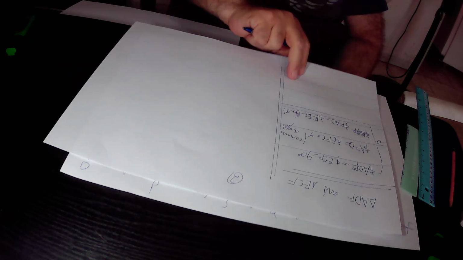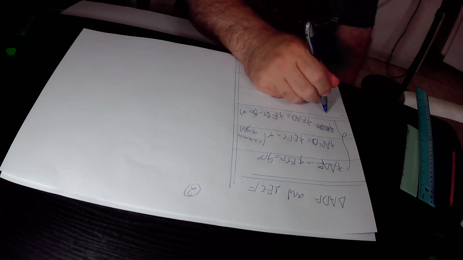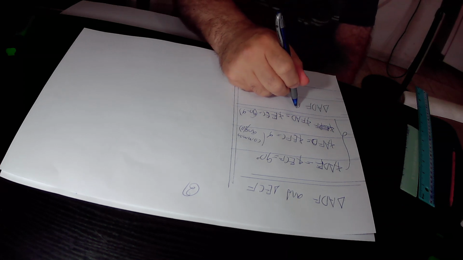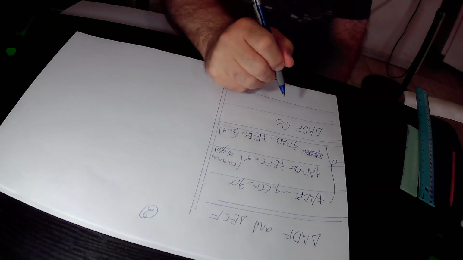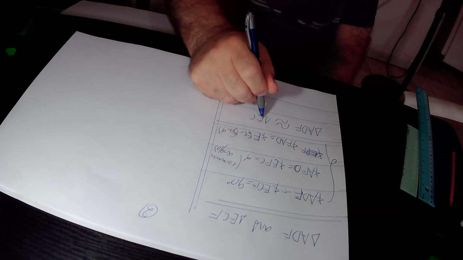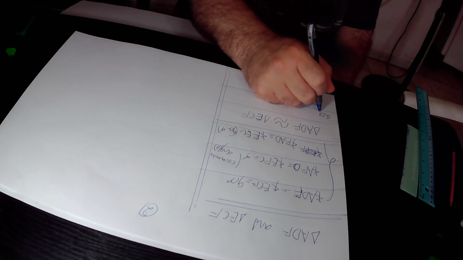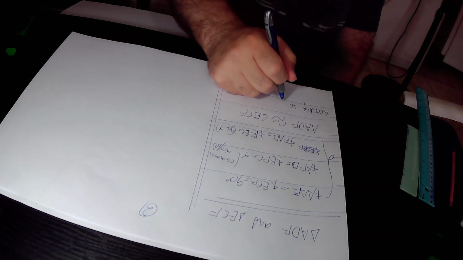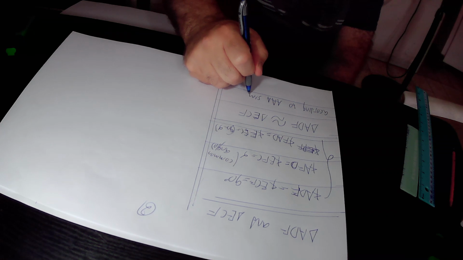So I write it down: the big right triangle ADF is similar to the small right triangle ECF according to the angle similarity rule.